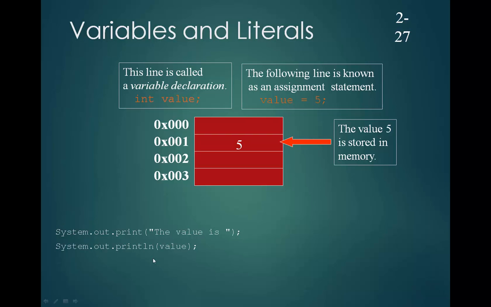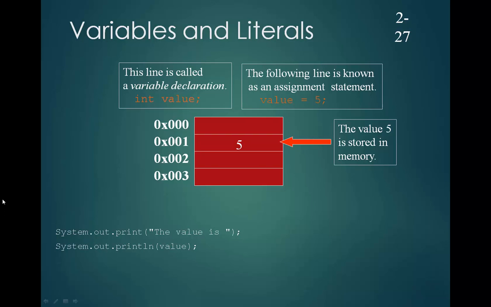And if we use these two statements and we print the string the value is, and then we follow that with a print line, notice that the word value here is not in quotes, which means it's not a string literal. Instead, we are using the variable that we created before. So we want the value of that variable.